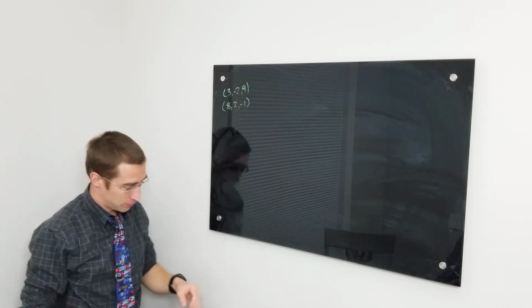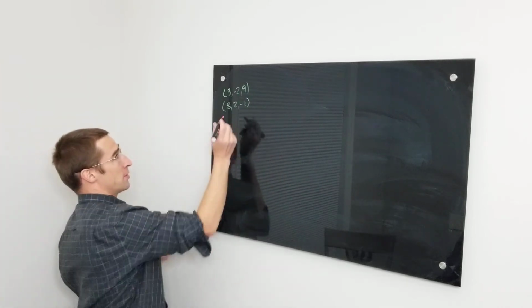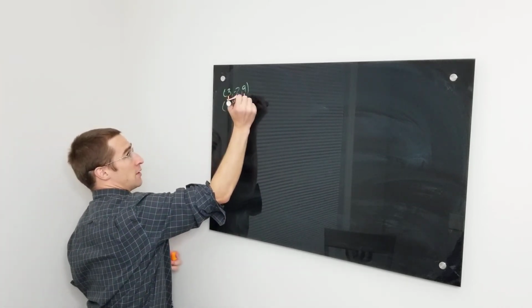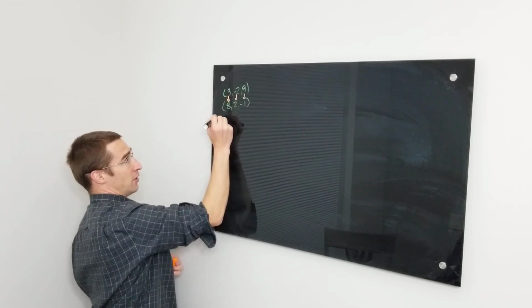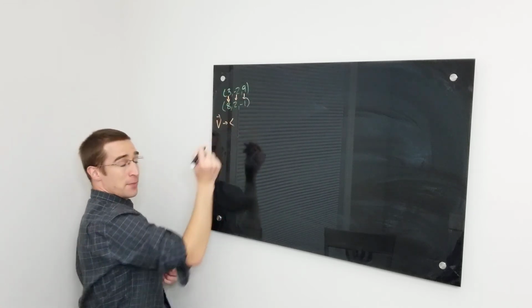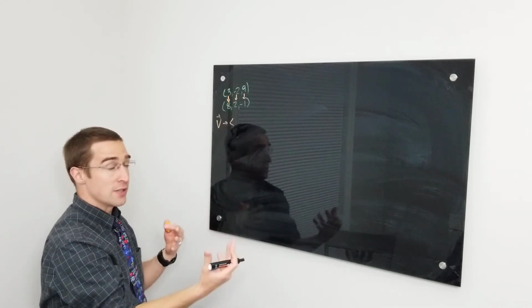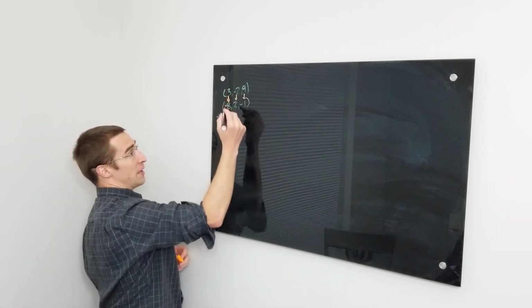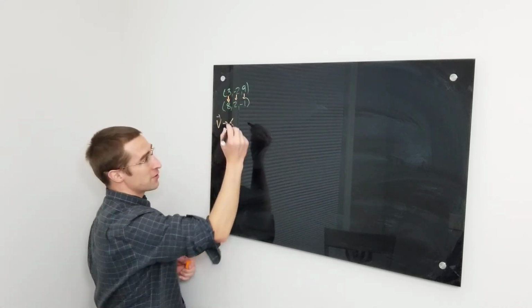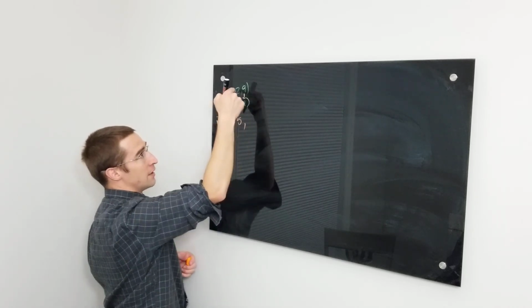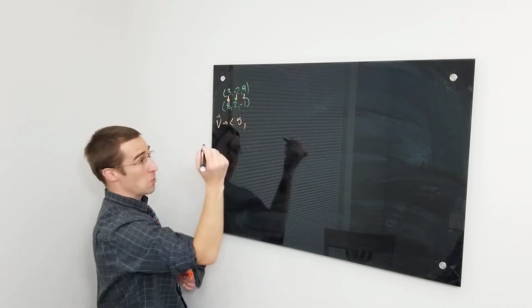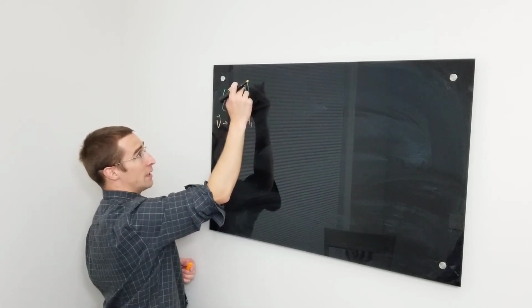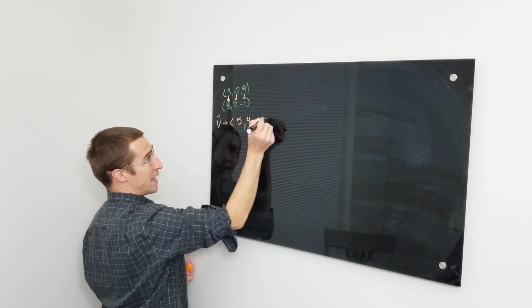So I'm going to make the vector that starts here and ends there. This is the vector that I'm going to use to write my equations. I'm going to go from 3 to 8, which is 5, positive. Negative 2 to positive 2, which is 4. So 5, 4. 9 to negative 1, which is minus 10.